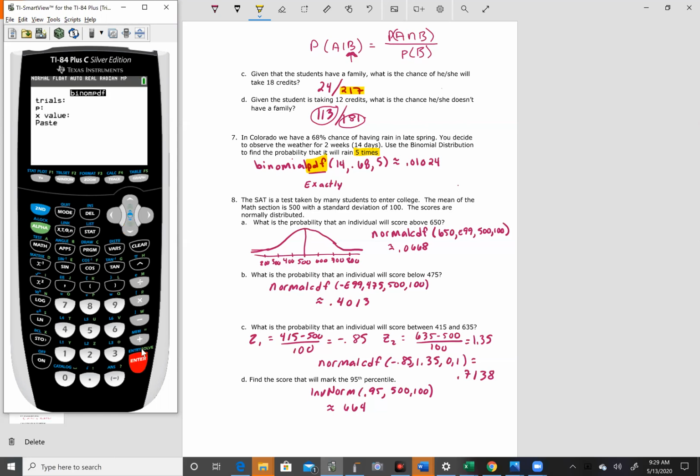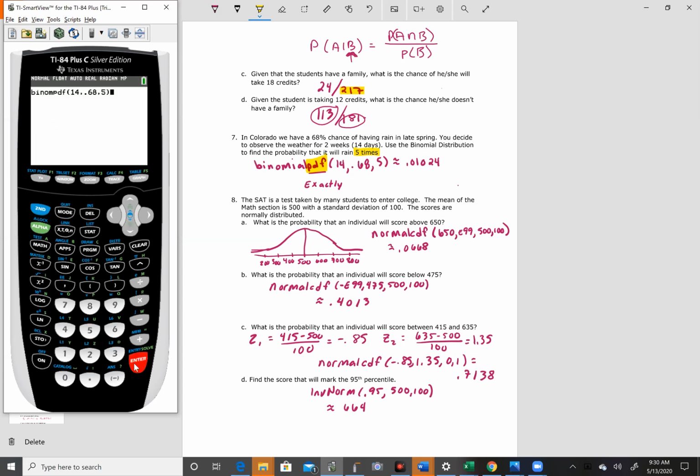If you have an older calculator, it's going to show up with parentheses. If you have a calculator like this, it's going to ask for the number of trials, and we're looking at 14 days that we are getting data for. The probability is 68%, so we're going to put 0.68 for the probability. The number of times we're looking for is 5.